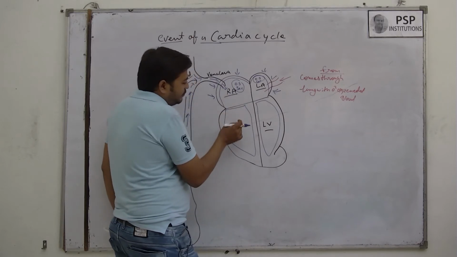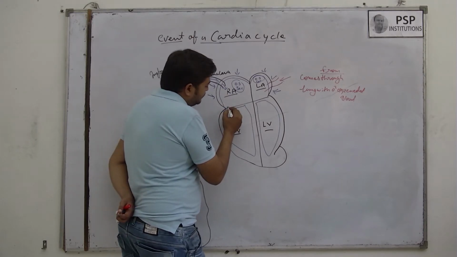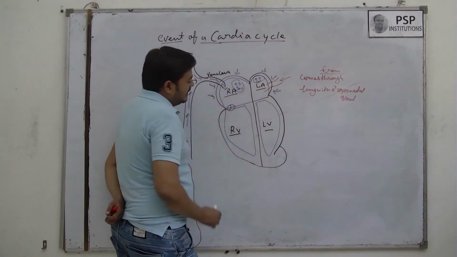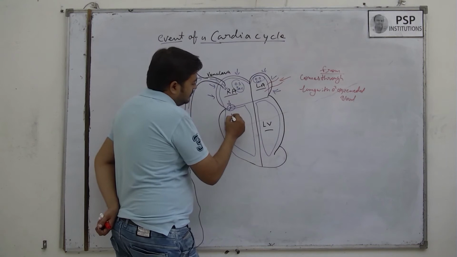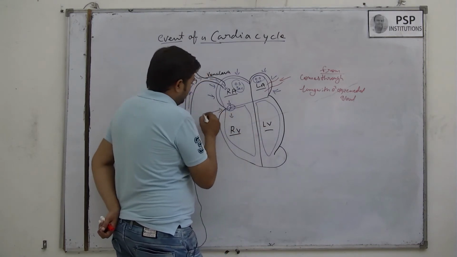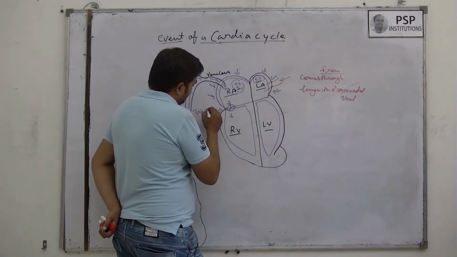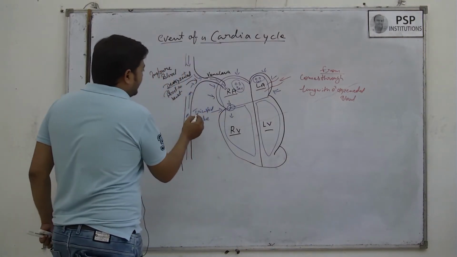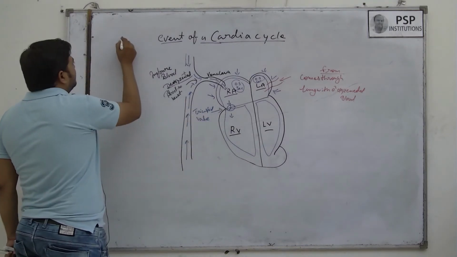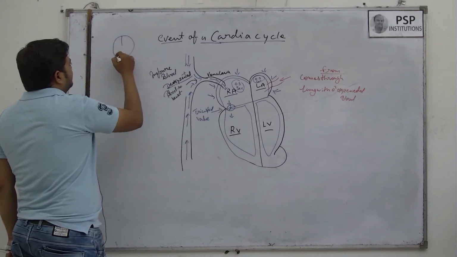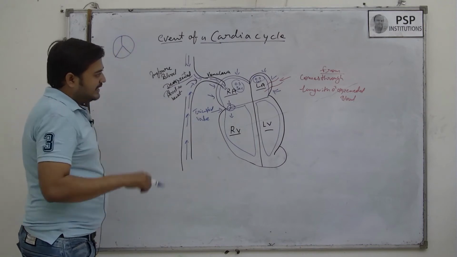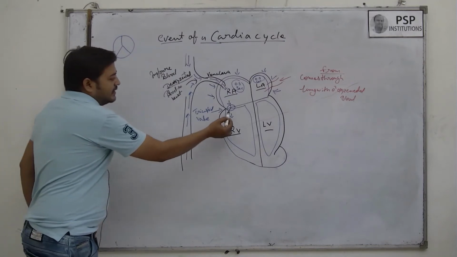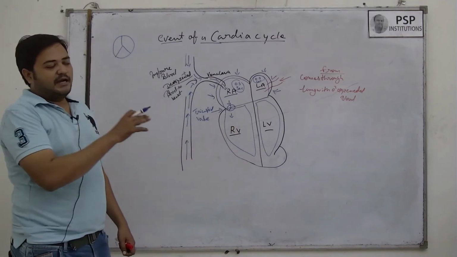From the right atrium to the right ventricle, blood comes through a valve, that is the tricuspid valve. It looks like this. In the structure we already discussed what their structure is. There are ligaments that bind the valve.